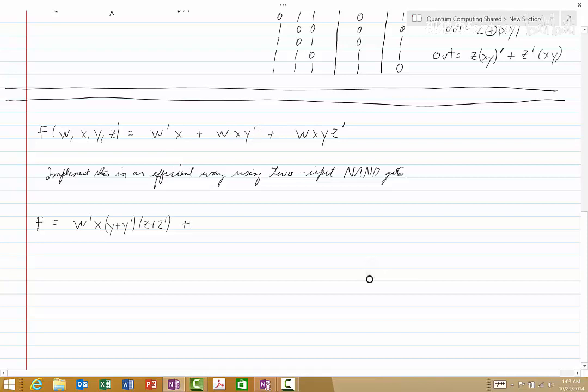For the second term we would just AND it with z or z prime, and the last term is a min term. It has all the variables present, so we don't have to AND it with anything.